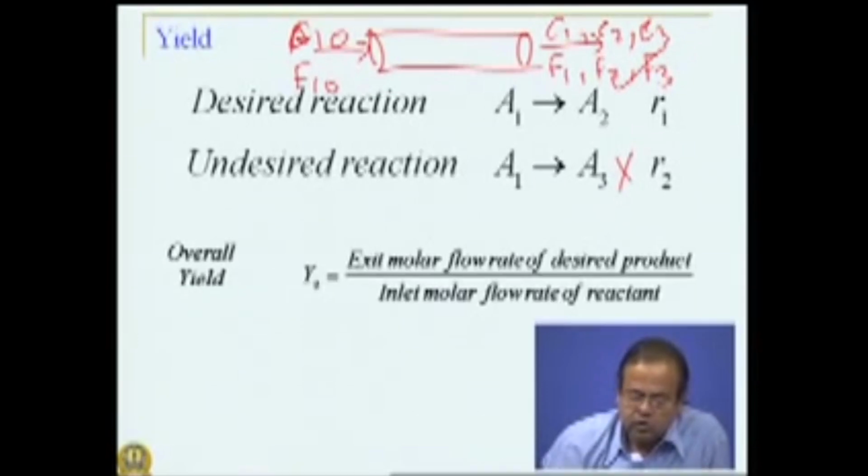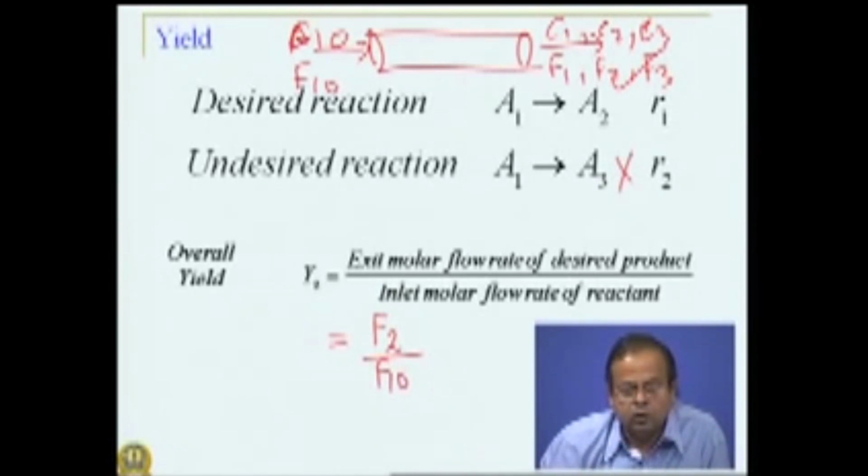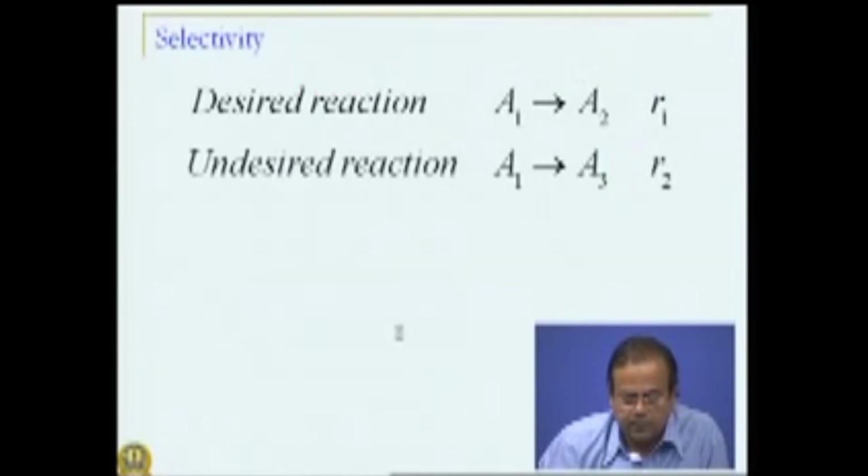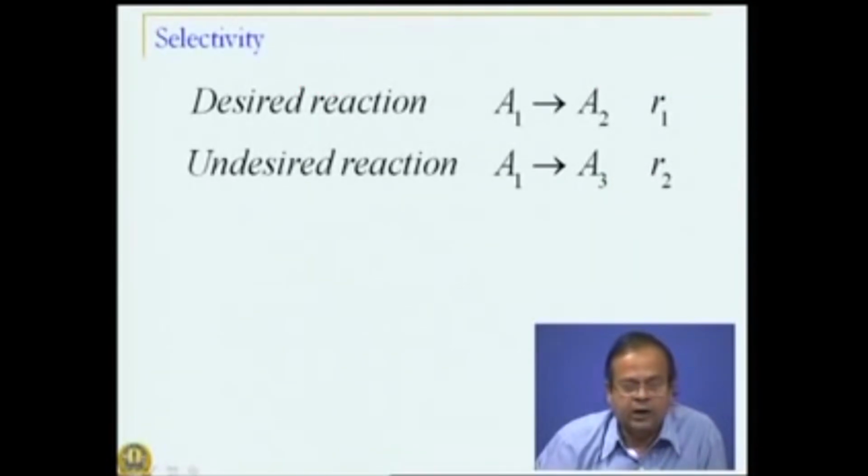So, we define the overall yield Y2 of our desired compound A2 as the exit molar flow rate of desired product, in this particular case F2, divided by the inlet molar flow rate of the reactant. That is one way of defining the yield. So, of the rate at which A1 is coming in, how much A2 are we getting? That is one criterion.